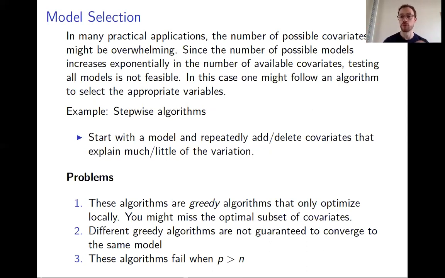So if you have different such algorithms, they might not give you the same optimal models, and more importantly, these algorithms fail when the number of covariates is larger than the number of observations. And this is the situation where we talk about high dimensionality, and we'll talk about this in more detail later today.